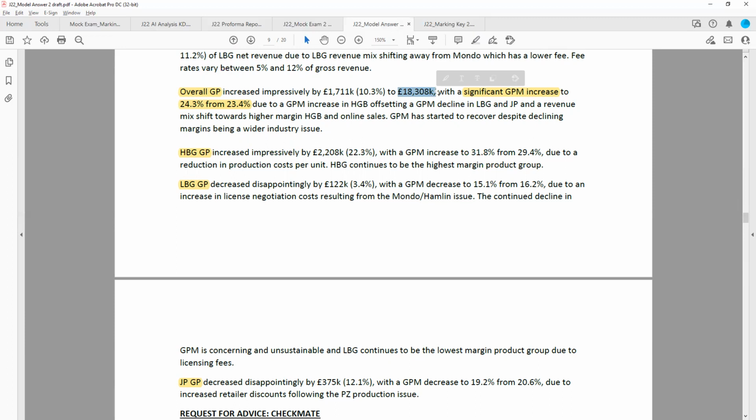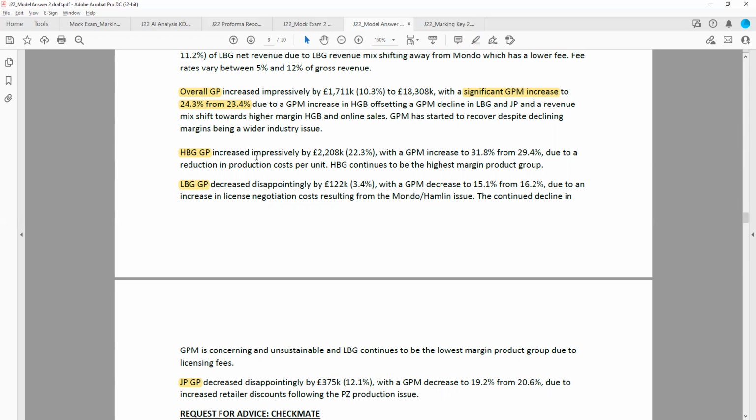So I still like to have the 2022 number in there, even though it's not on there. Maybe it's just a bit of a personal thing, and I can see from an exam point of view how you could argue that you don't necessarily need to have that in there, and that's fine if you decide to take that approach. But I feel in a real report that you probably would.